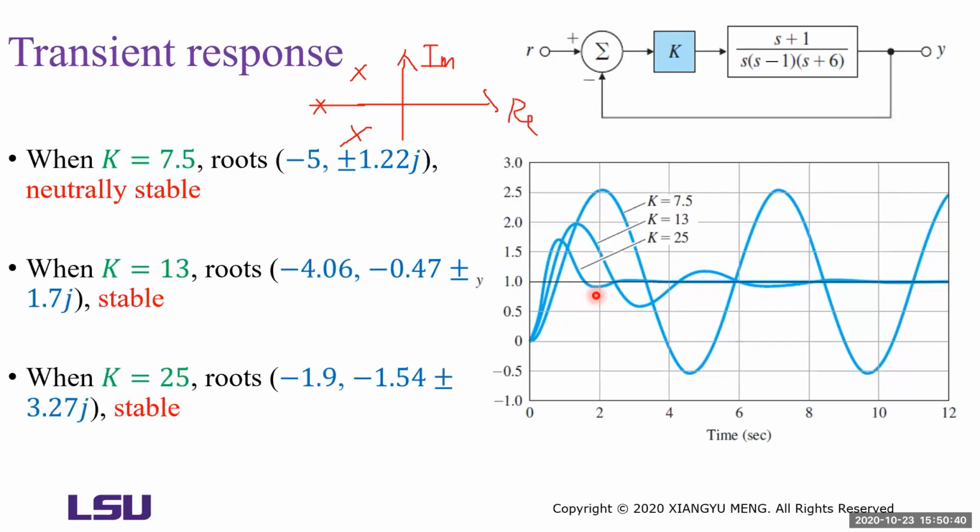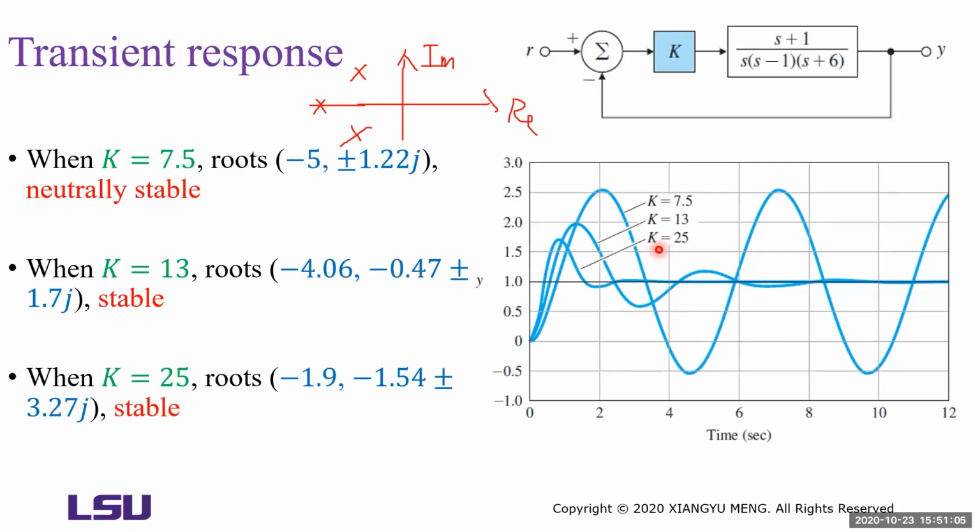That means tracking. Higher k? Yes. So when k is 25, it's very close to the unit step signal. Here is the unit step signal, the input is 1. You want the output to be as close as possible to the input. That is k is 25.